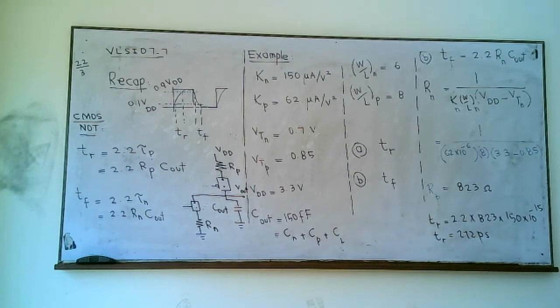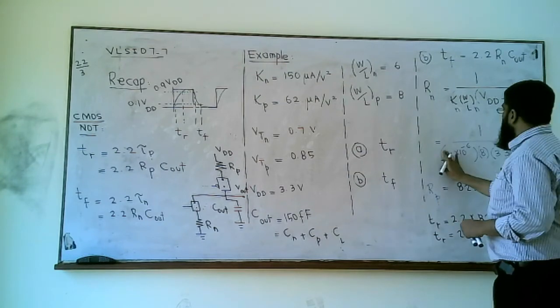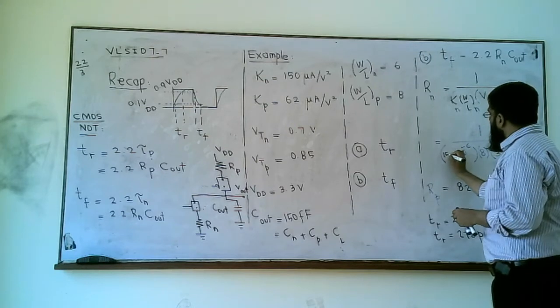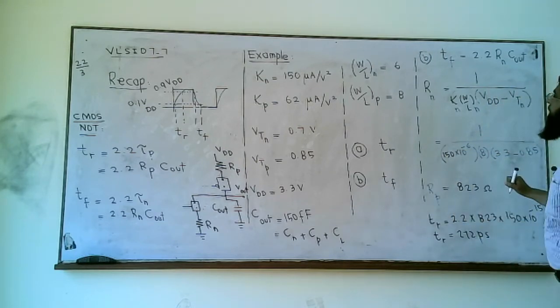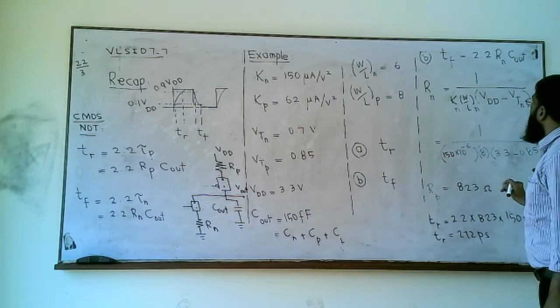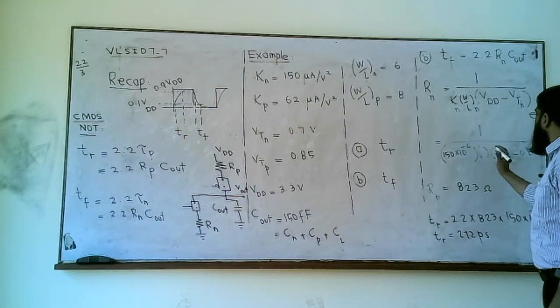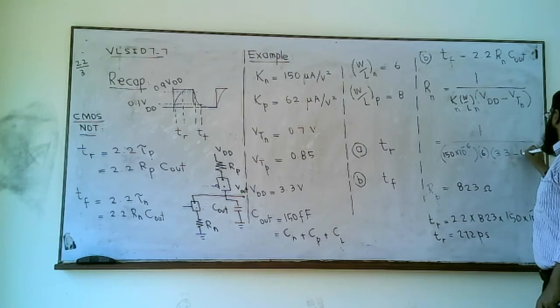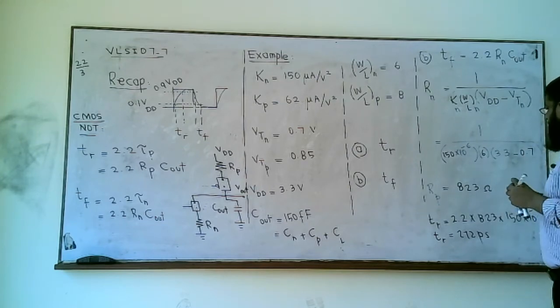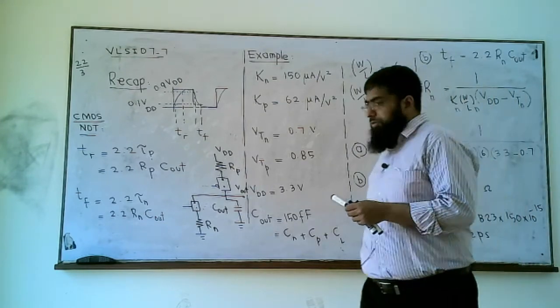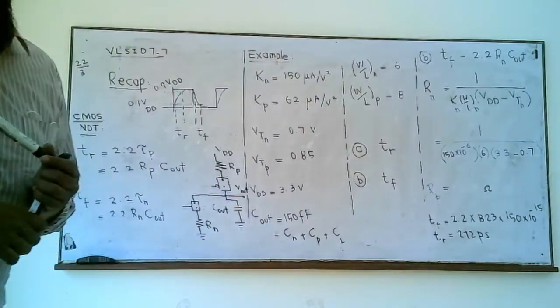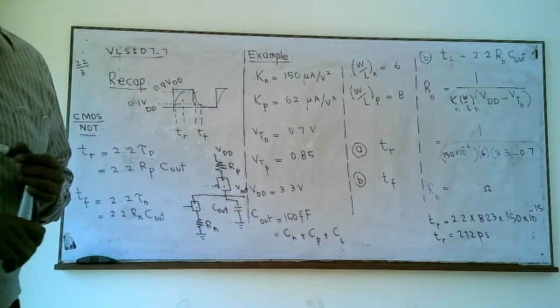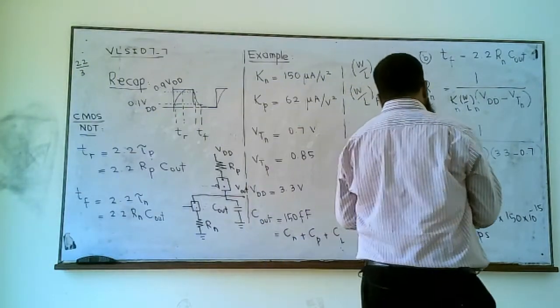Right, so kappa n is 150, aspect ratio of n is 6, and Vtn is 0.7. So Rp, it's not Rp, it's Rn. Rn comes out to be 427 ohms.